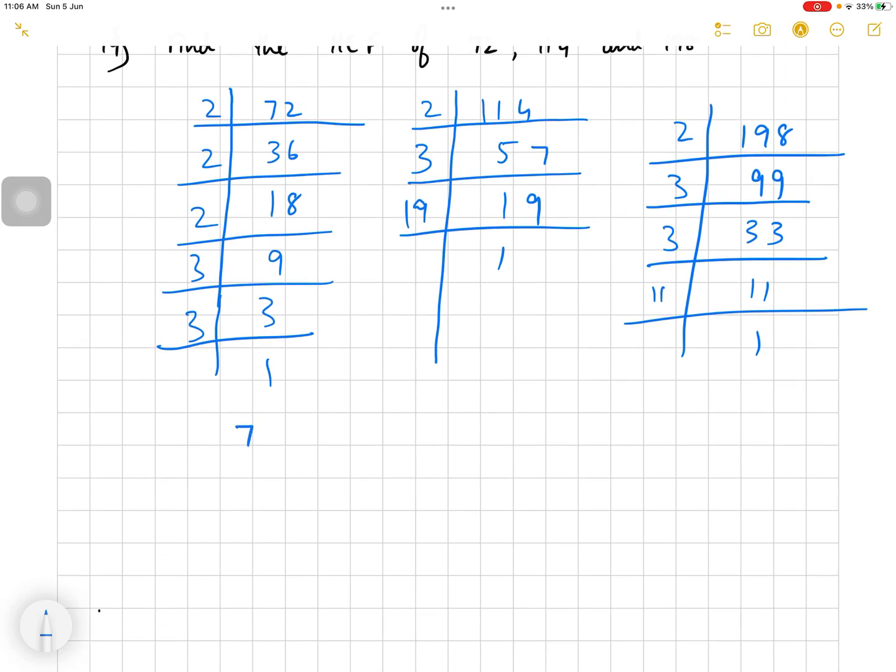So the prime factors of 72 are 2 into 2 into 2 into 3 into 3, which can be written as 2 cube into 3 square. For 114, I can write 2 into 3 into 19.